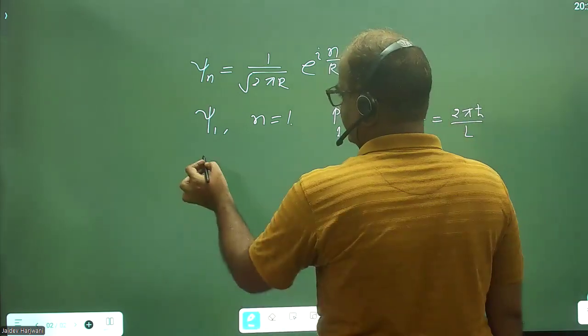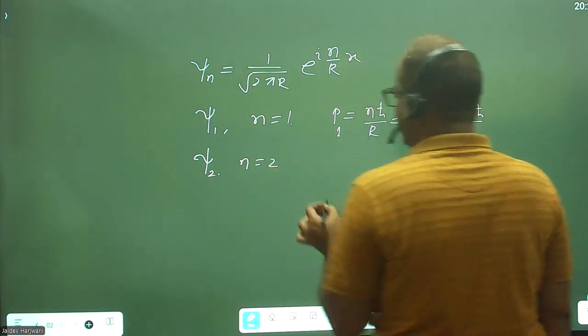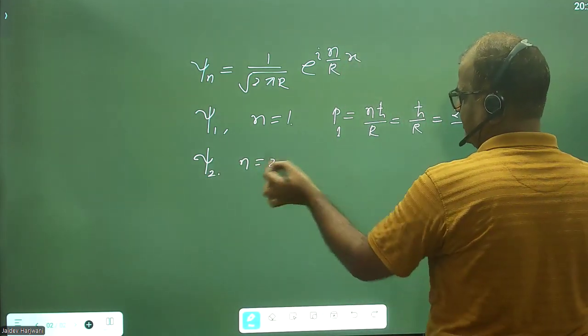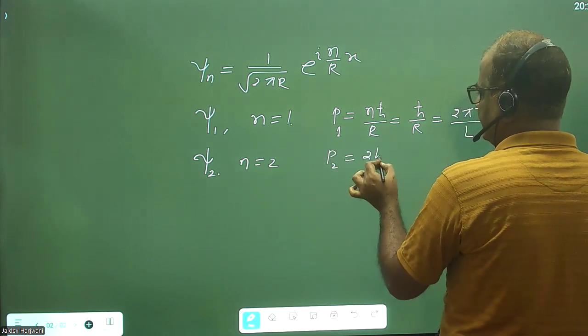Similarly, if the particle is in state 2, the momentum will be 2 h cut upon r.